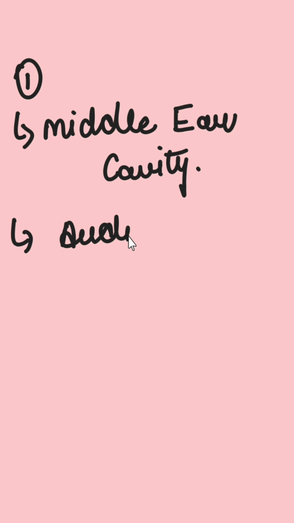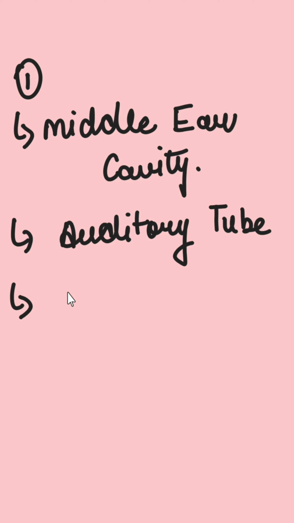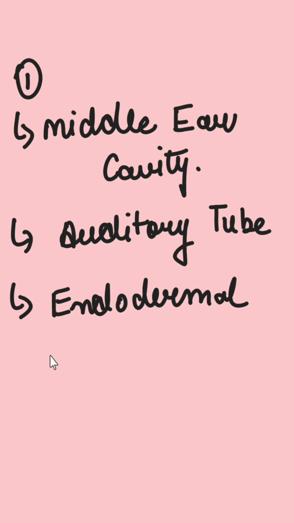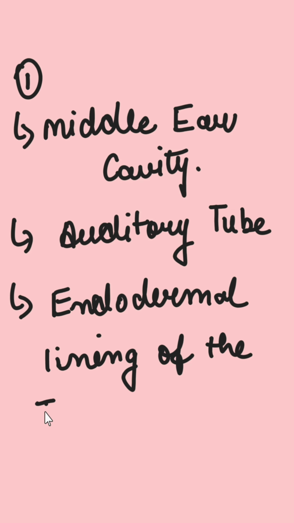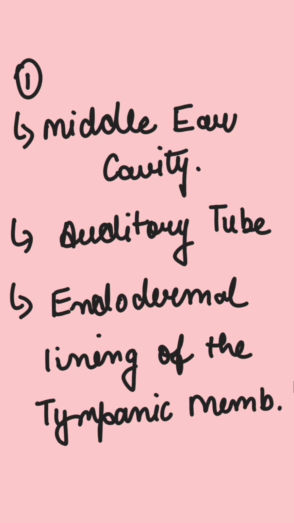The derivatives of the first pharyngeal pouch are the middle ear cavity, the auditory tube, and the endodermal lining of the tympanic membrane. So these are the derivatives of the first pharyngeal pouch.